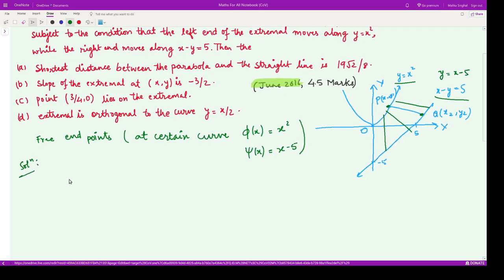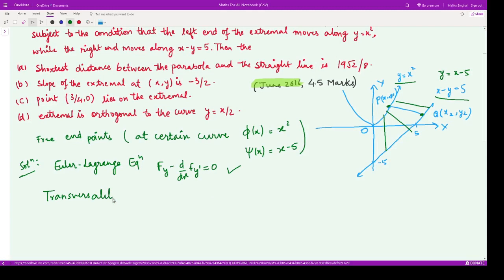So now let us see how to solve such questions. First of all, to solve such questions, our Euler-Lagrange equation must be satisfied. What is that? F_y − d/dx (F_y') = 0. This must be satisfied. Another, we have transversality conditions. What are those?